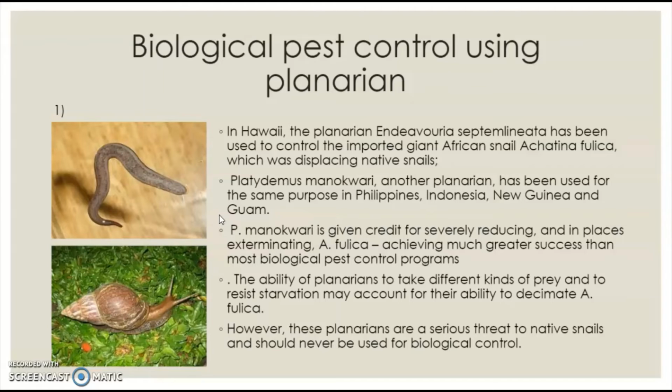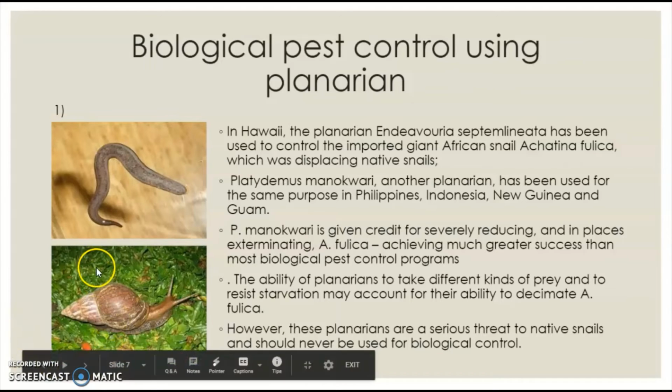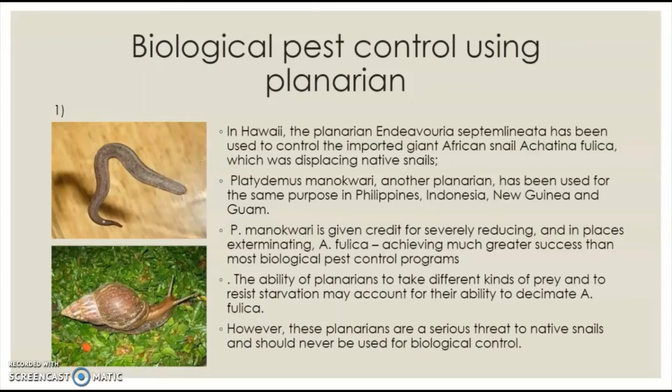P. manokwari is given credit for severely reducing and in places exterminating Partula, the snail, achieving much greater success than most biological pest control programs. The ability of planarians to take different kinds of prey and to resist starvation may account for their ability to decimate Partula. However, these planarians are a serious threat to native snails and should never be used for biological control.